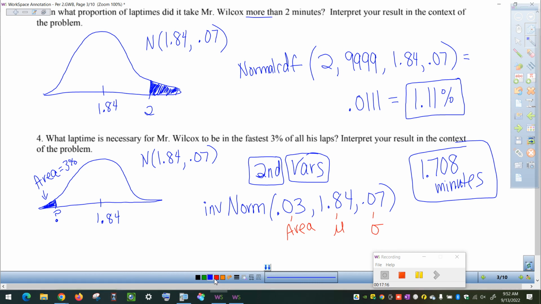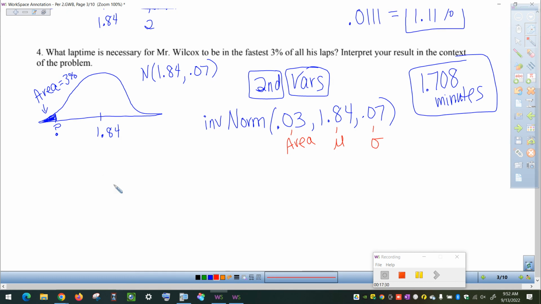Okay, so listen carefully here, because there's two places where it's okay to use these calculator calculations that we just learned. The first way that you can use this is on any multiple choice question.